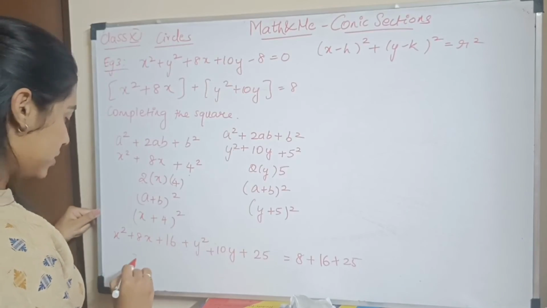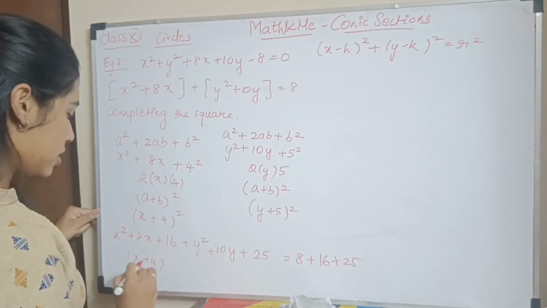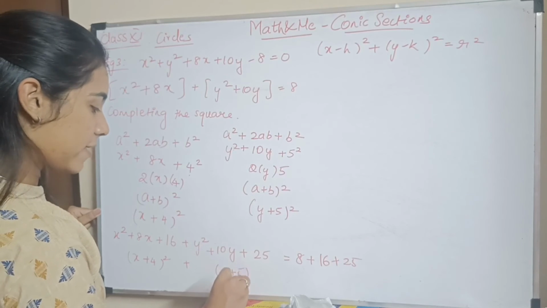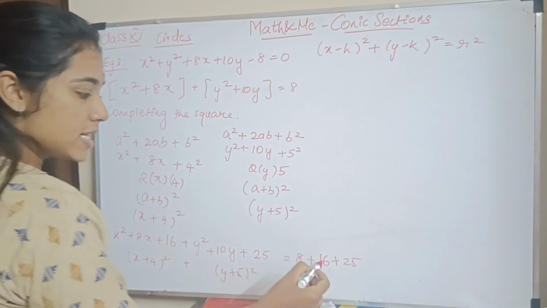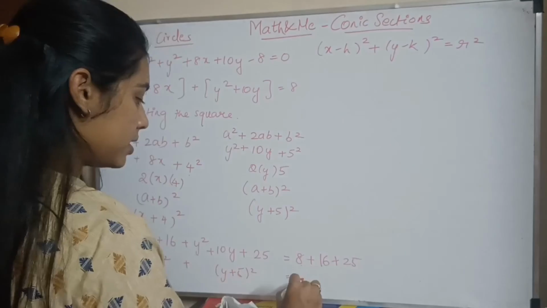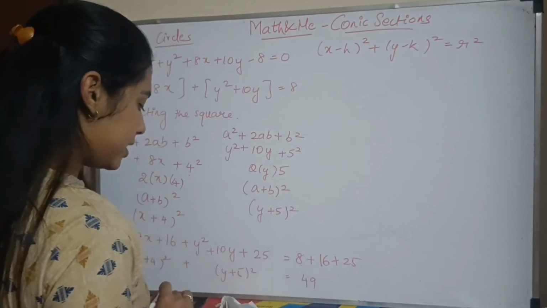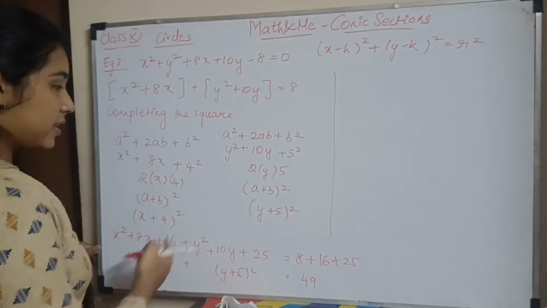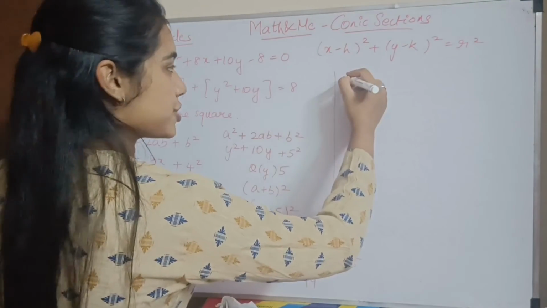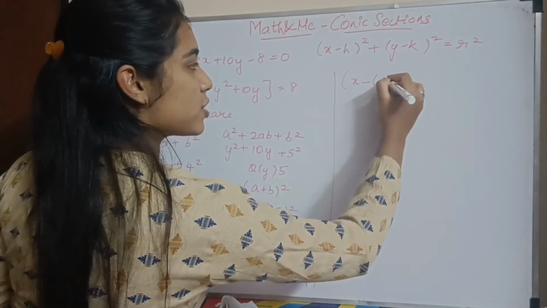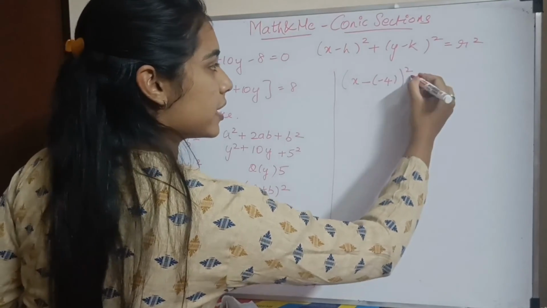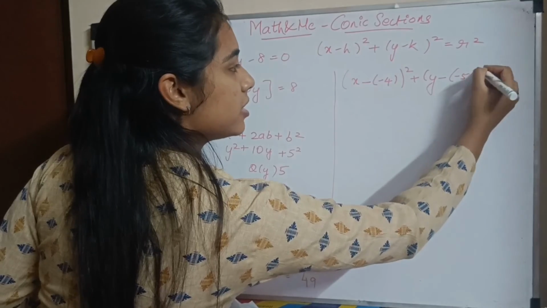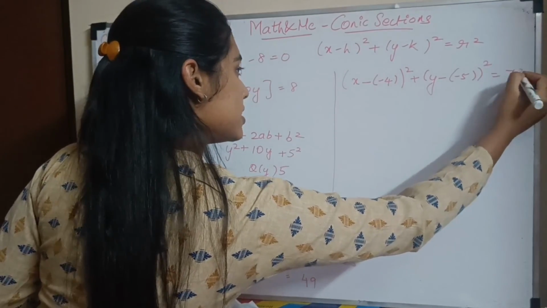So what do I have now? This is (x plus 4) the whole square plus (y plus 5) the whole square equals 16 plus 8 plus 25, so you get 49. If I rewrite it in the form of the formula, I have (x minus of minus 4) the whole square plus (y minus of minus 5) the whole square equals 7 square.